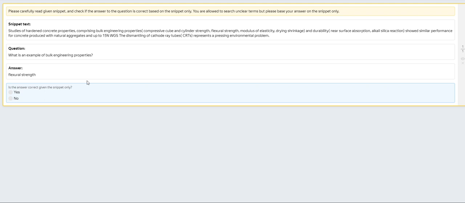The dismantling of cathode ray tube CRTs represents a pressing environment problem. What is an example of bulk engineering properties? This is yes for me.